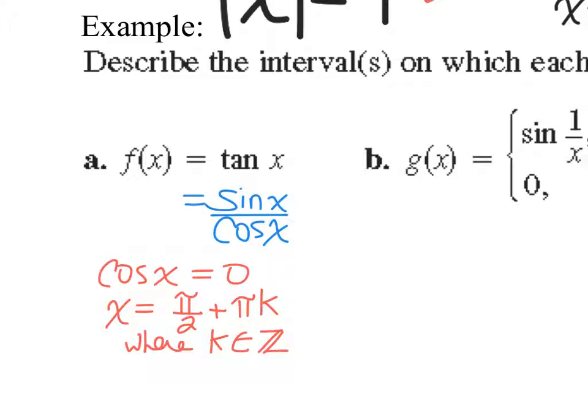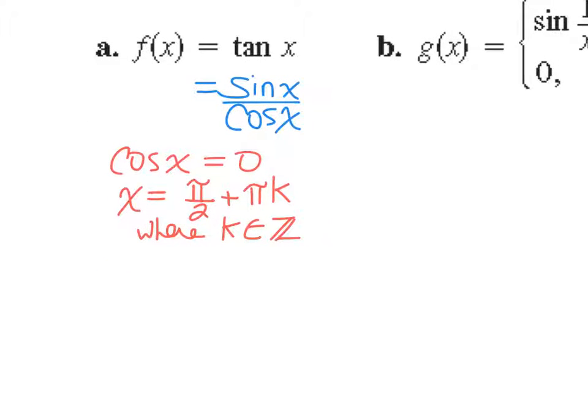Where k belongs to the set of integers. On my tests, if you say just plus pi k, you're fine. On the College Board exam, you know, the AP, if you don't tell them what the k represents, they're not giving you full credit. Because k could be anything, and if you don't stipulate that it's specifically integers, then you're in trouble.